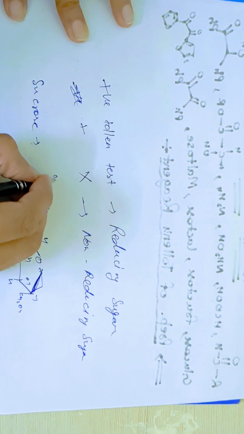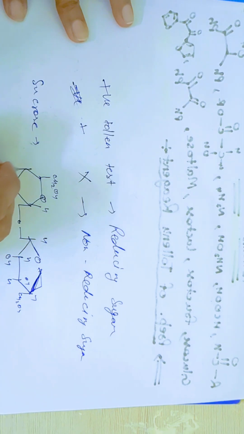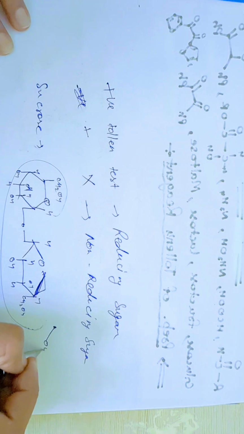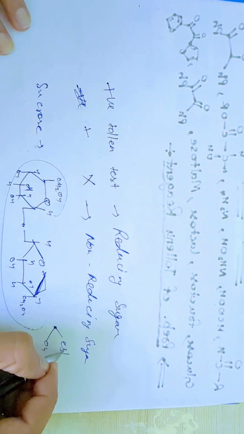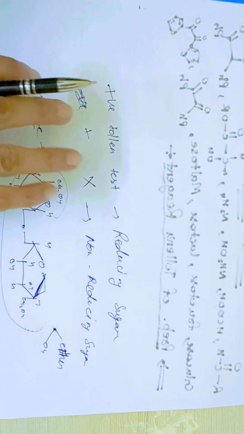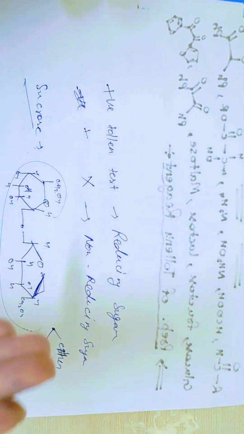Okay, here again CH2OH, OH, and where I did not attach the hydroxy, that means here is hydrogen. So here you can see there is no hemiacetal group which has a directly attached OH and ether. So we can say sucrose does not give positive Tollens test and it is a non-reducing sugar.